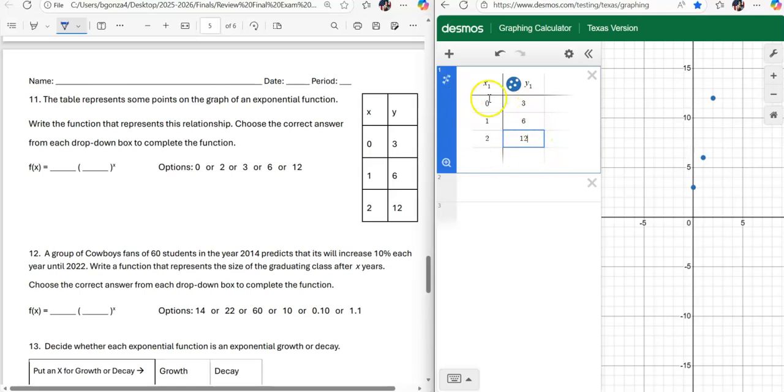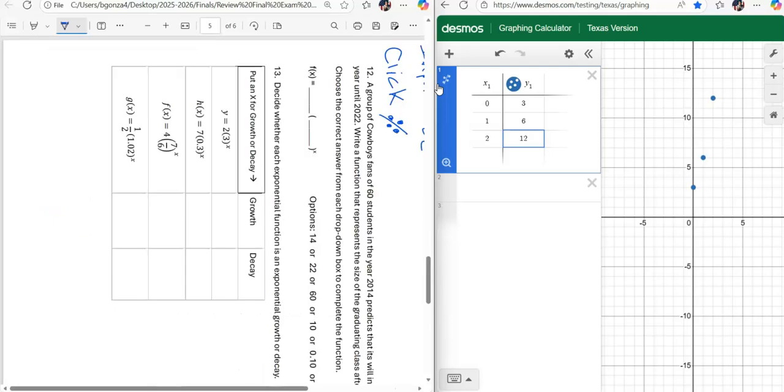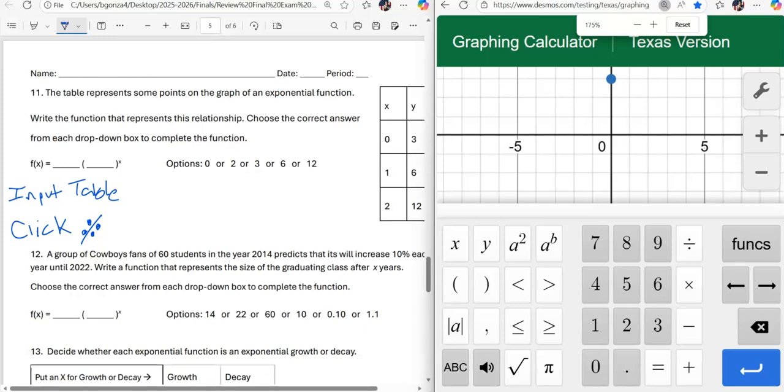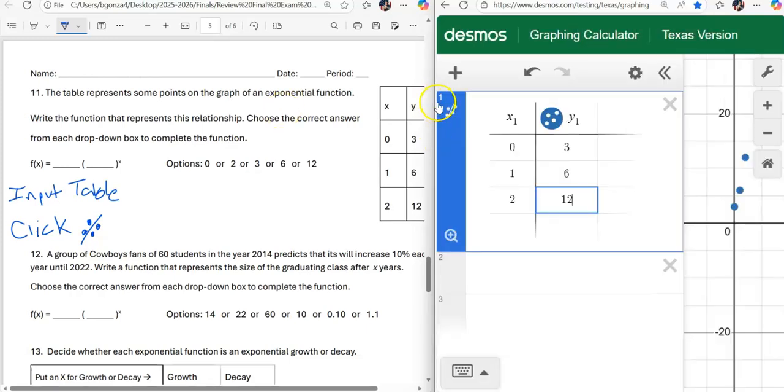Okay. Now, it's very important that you input the table and then you click this little symbol. It's got 2 dots in a line and 2 dots right here. Do you see? I tried to zoom it in. Do you see it right here? It says add regression. It's on the left. If you don't know where this button is, you're toast.